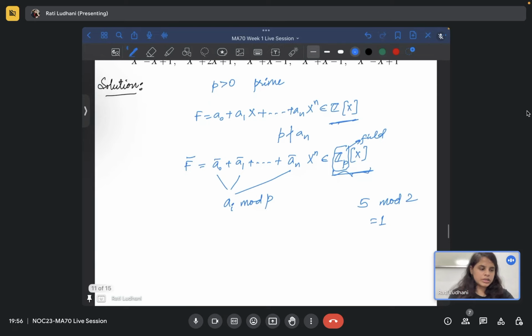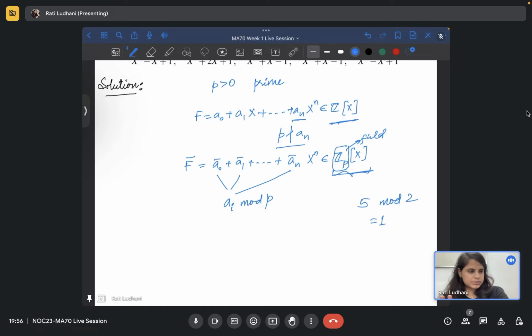Okay, so f bar is this, and you have f with the condition that p does not divide a_n. This question is related to what we call the prime reduction test. So what you have been asked is to show that if f bar is irreducible in Z_p[x], then f is irreducible in Z[x].